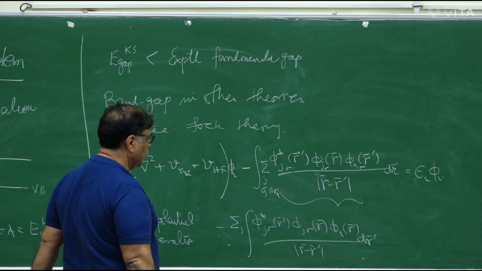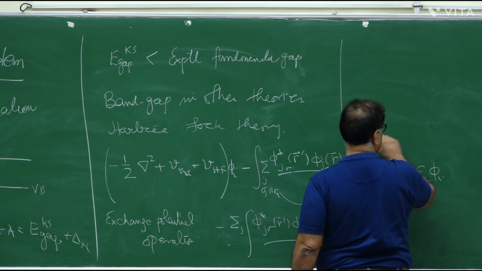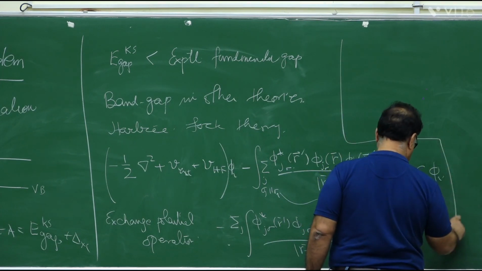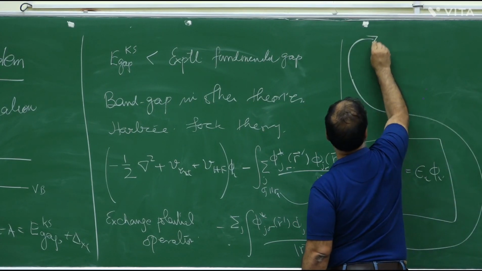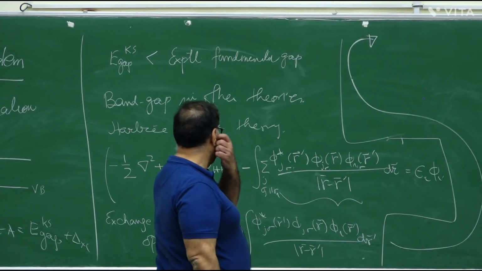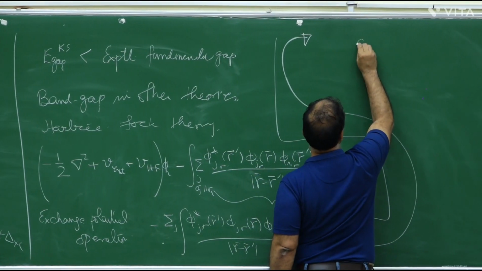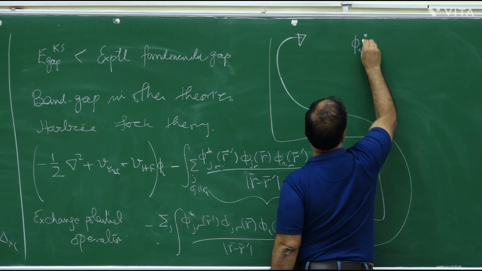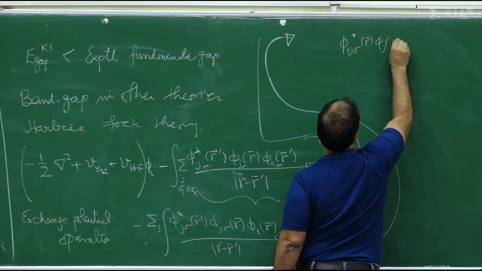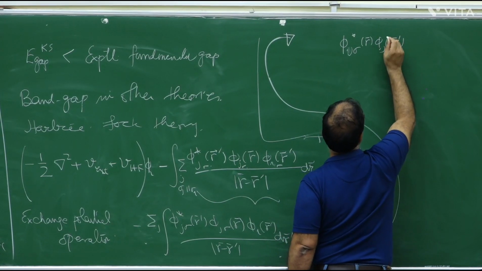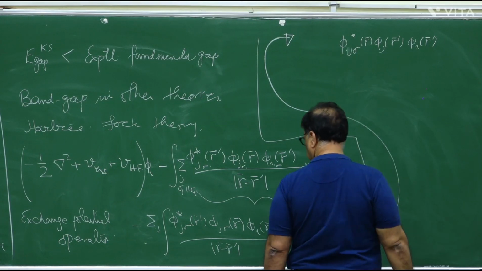And there are several ways of looking at it. One is by looking at it as a multiplicative potential, and then what I'll do is I'll write this as phi i star, phi j star sigma(r) phi j(r prime) phi i(r prime).